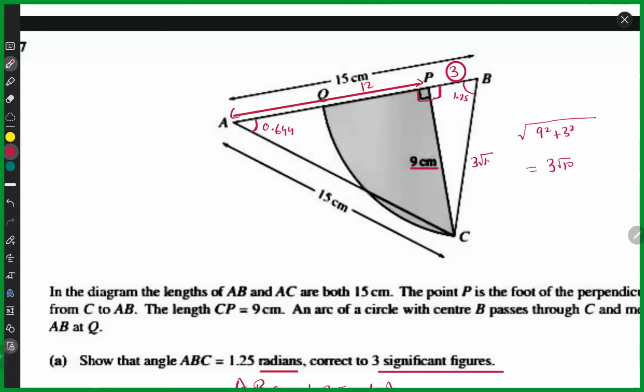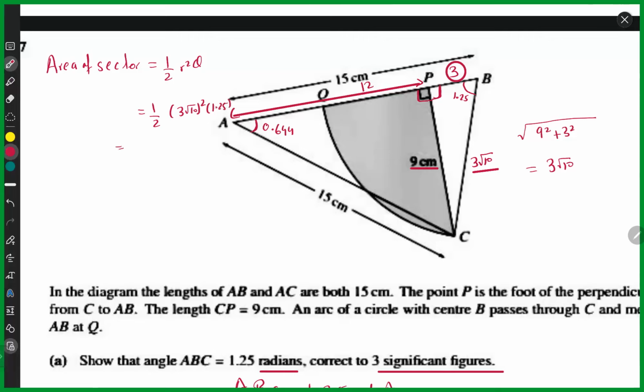Now using this radius and using 1.25, I can find out the area of the entire sector. So area of the sector is going to be 1 by 2 r squared theta. So that's 1 by 2 into 3 root 10 whole squared, and theta was 1.25.